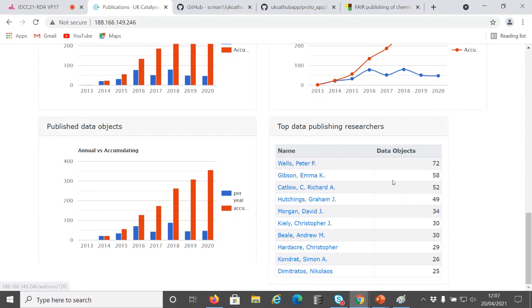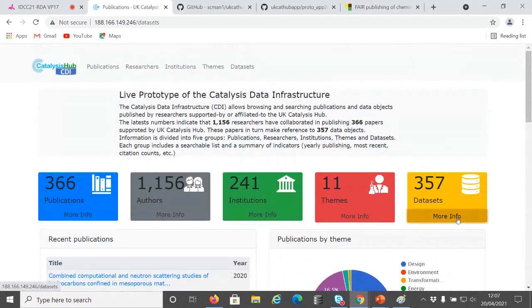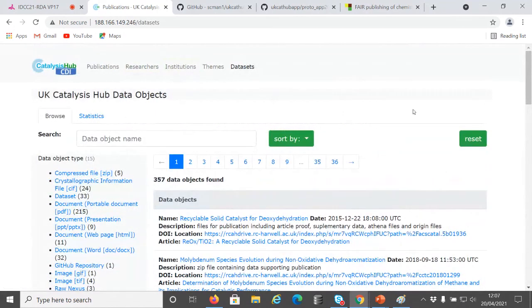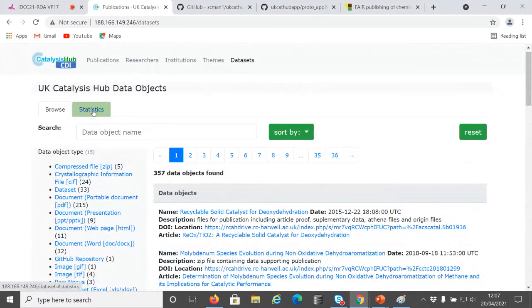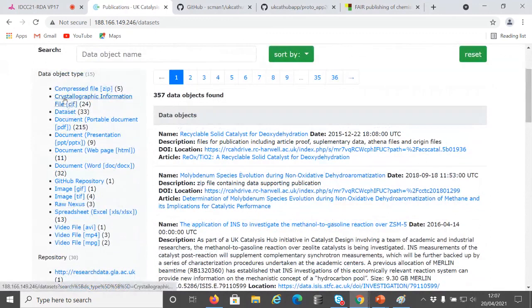And for instance, how many data objects they have referenced in their publications. And we have links to the data set itself. And also starting to get some insights into the composition of these data sets, like the type of information, like crystallographic information, or compressed files, or images, or even videos, because some of the researchers share their data in videos as well.